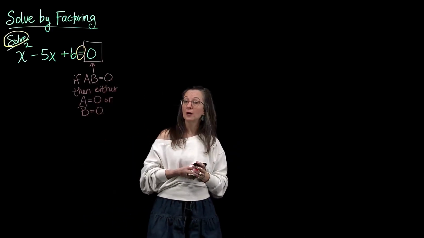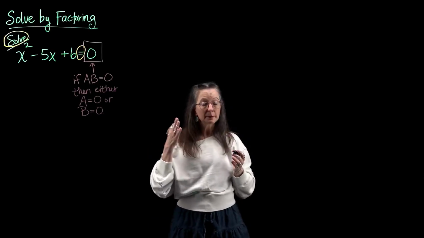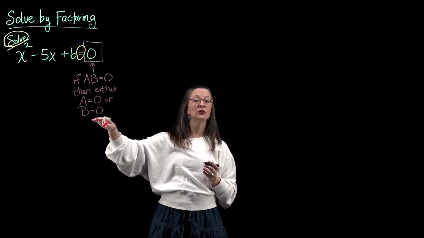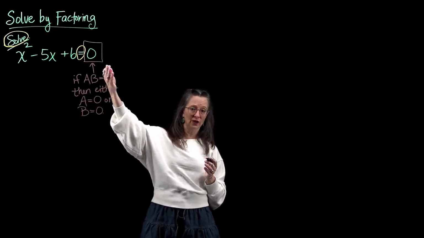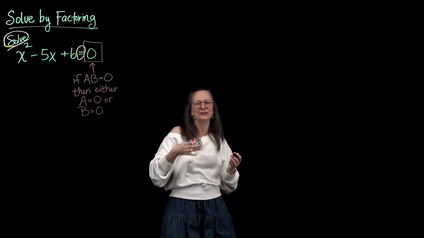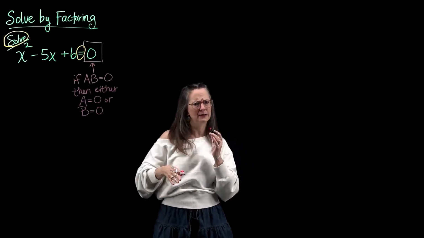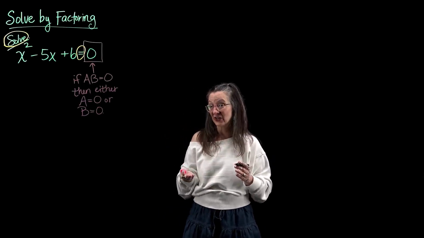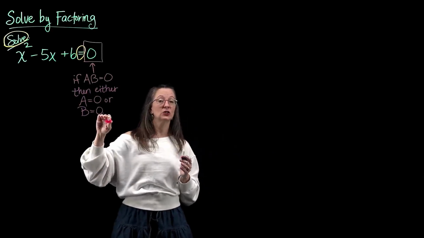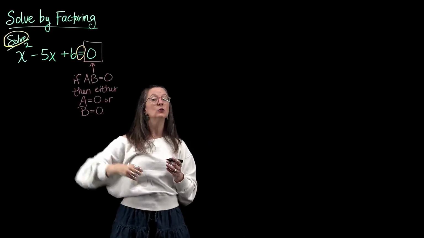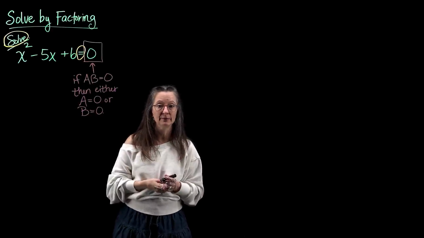Those are the only two options. Now 0 is special. That gives us that conclusion. If I had a 4 over here, I can't say if two numbers multiply together make 4, then the first has to be this and the second has to be that. That's just not true. So 0 is special, and that is why we have to get this quadratic equal to 0 in order to solve it.